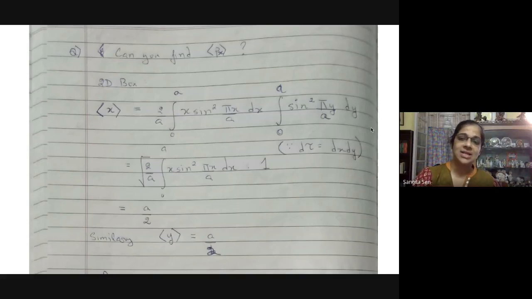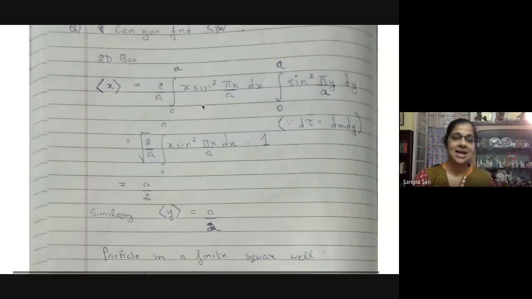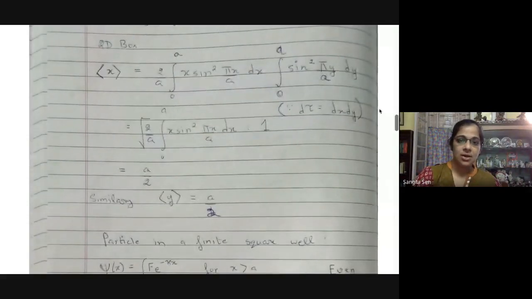So this right integral has a value of 1, and you can integrate the first one only. That is the only one you need to do, and it is exactly the same as the one-dimensional case. So the expectation value of x, even for a two-dimensional box, is a by 2. And similarly, for the y direction, it is a by 2. So here we're talking about a square two-dimensional box, you see, because you have a equal to b over here. Okay.